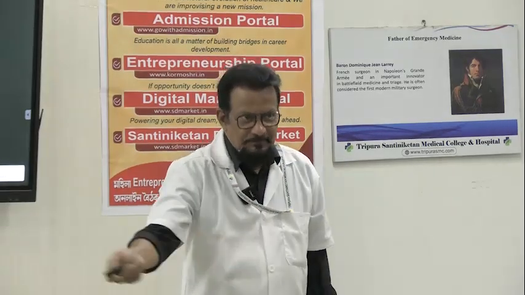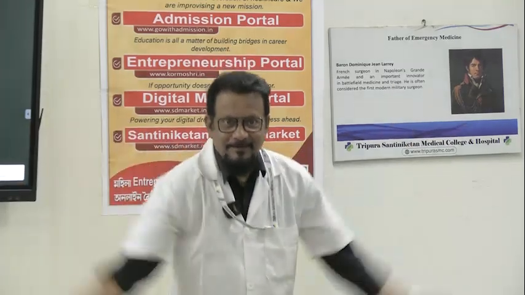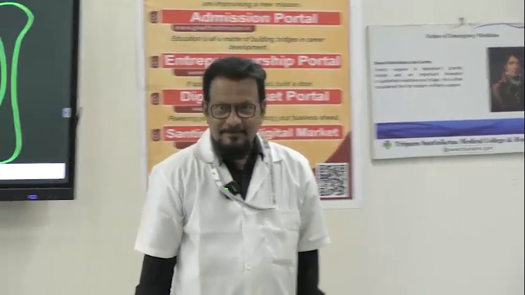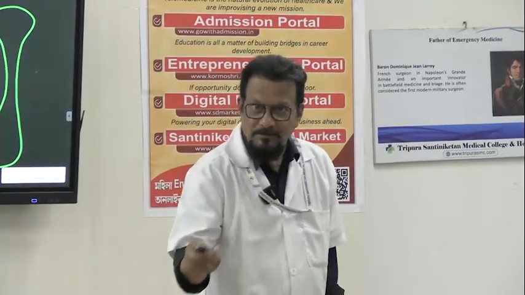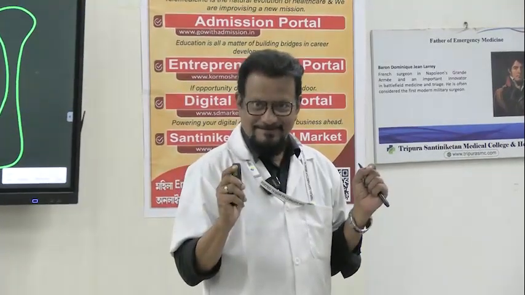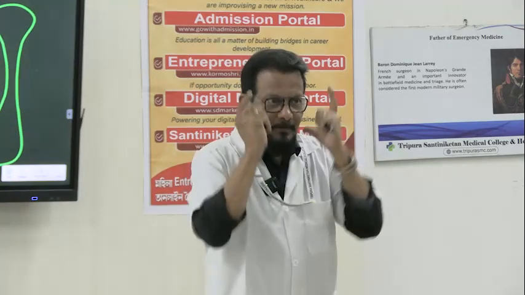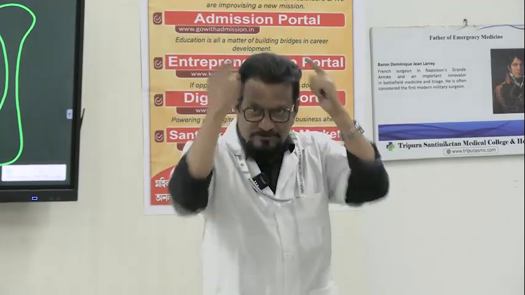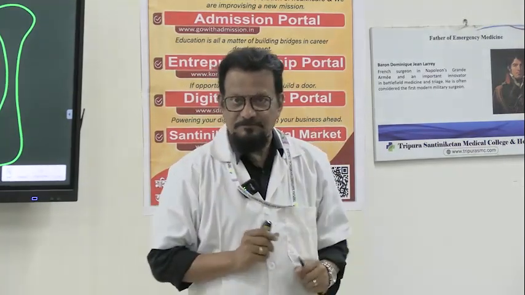Otherwise, you would have been a jellyfish, with no definite shape. So you have got a definite shape because of the skeleton. Your bones at your face, at your head, give you a particular shape.